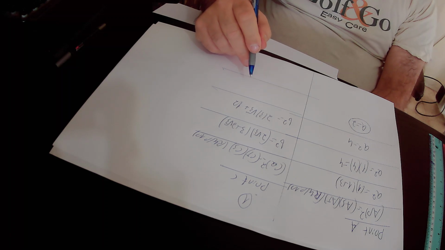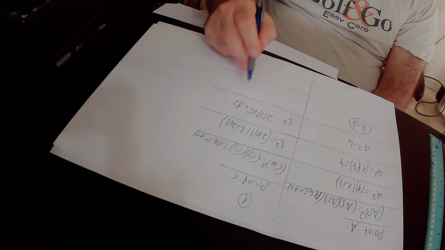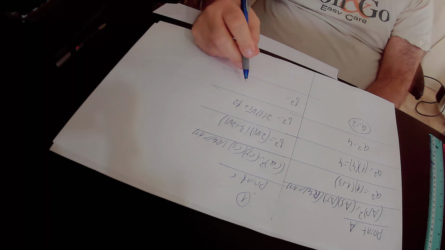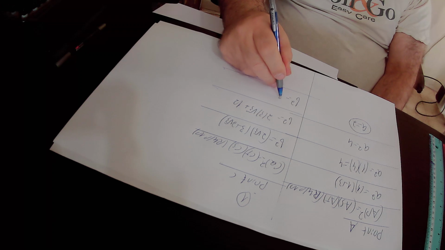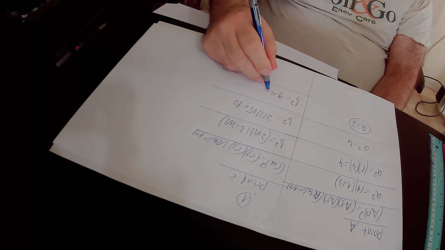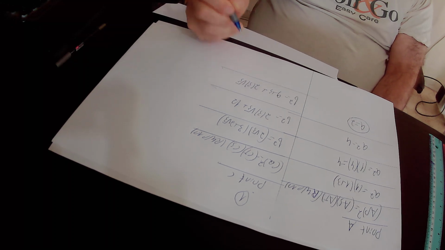So in conclusion, I found out that B squared equals 2 times 3 times the square root of 3 plus 12. We have here 12, we substitute 12 by 9 plus 3. And we get that B squared equals 9 plus 3 plus 2 times 3 times the square root of 3.